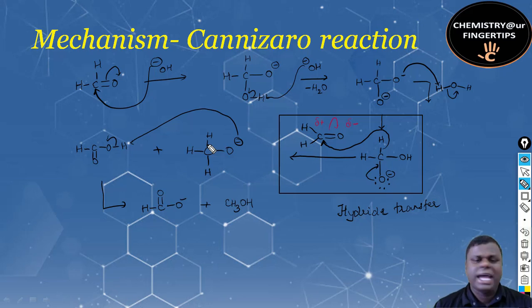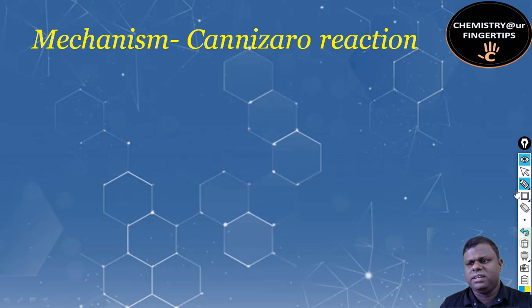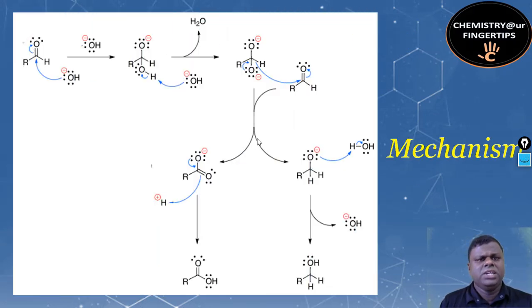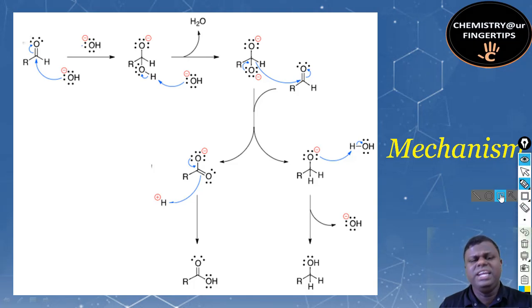So this was about the mechanism of Cannizzaro reaction. Now let's move ahead with the rest of the session. Okay, so this is the detailed mechanism which has been displayed in front of the screen. It's pretty much self-explanatory, so you could go through it. Again, just remember the important hydride transfer that normally occurs over here.